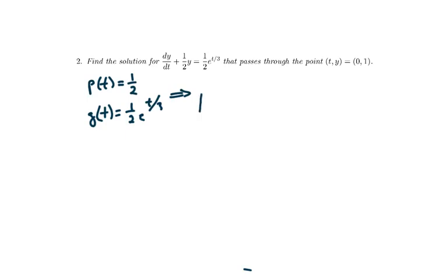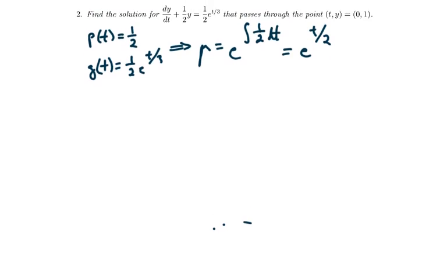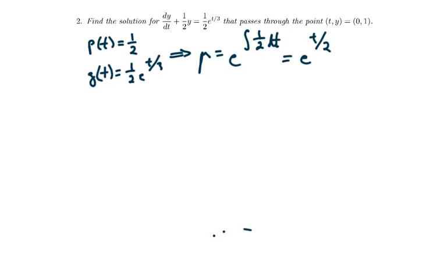So this means that our integrating factor is e to the integral of 1/2 dt, which is e to the t over 2. So we multiply through, and that is going to give us y prime e to the t over 2 plus 1/2 y e to the t over 2 equals 1/2 e to the t over 3.